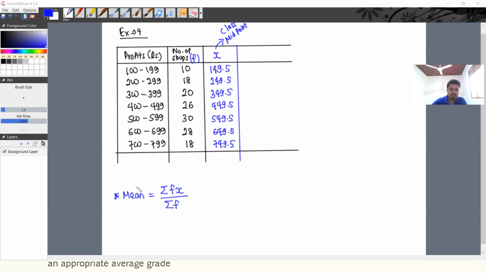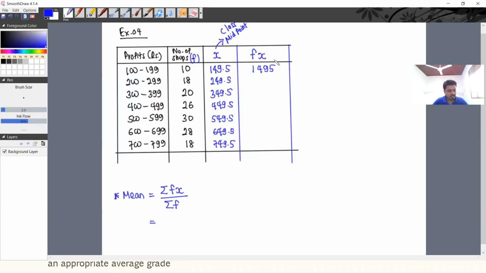Right. So here we need to calculate the mean value. We have prepared the f column and the x values. Now what should we do? f into x. f needs to be multiplied by x to have the fx values. 149.5 into 10, that is 1495.